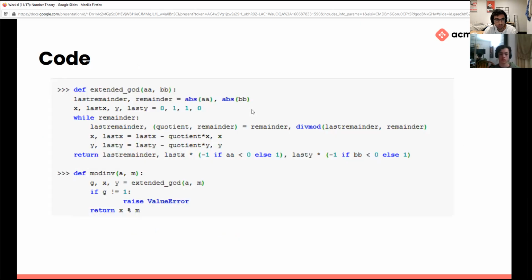If not, here's the code for the extended GCD algorithm, and also the code for the mod inverse. So the mod inverse is pretty simple if you have the extended GCD algorithm already implemented. Yeah, this is actually done not recursively like I talked about, but procedurally, iteratively.